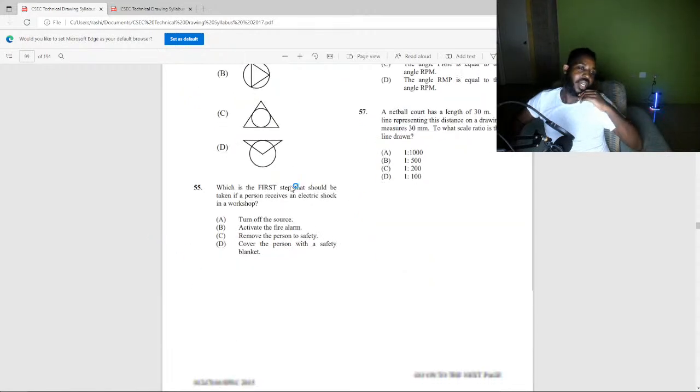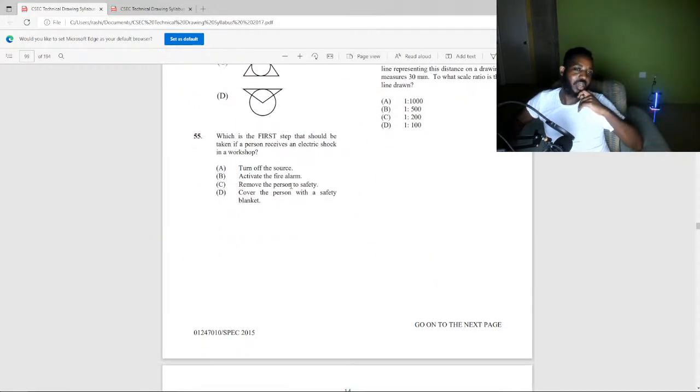Alright, number 55. Which is the first step that should be taken if a person receives an electric shock in a workshop? Turn off the source, activate the fire alarm, remove the person to safety, cover the person with a safety blanket. You can't turn off the source.